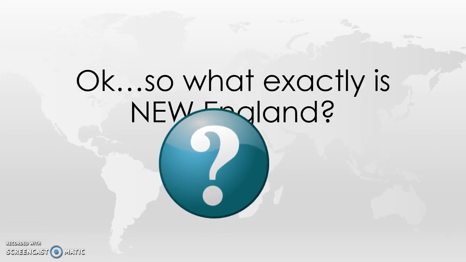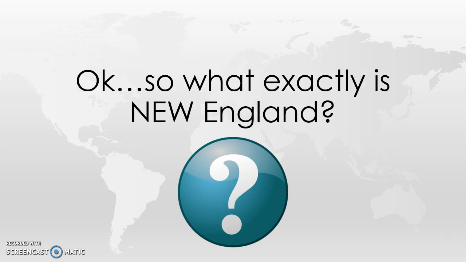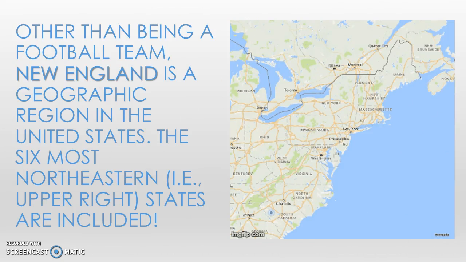Another England thing that can be confusing is describing what New England is when you're taking U.S. history. New England is a geographic area. Other than being a football team, New England is a geographic region in the United States.